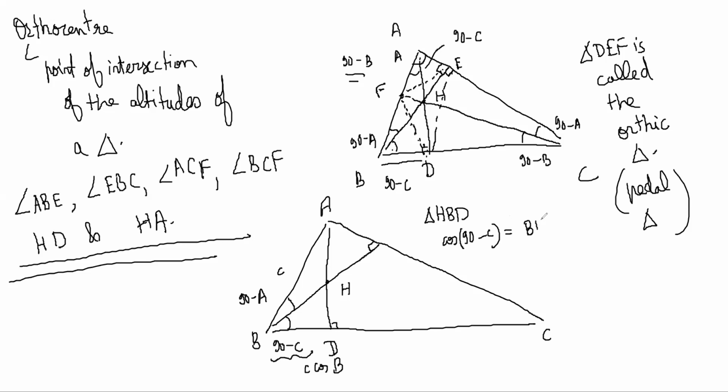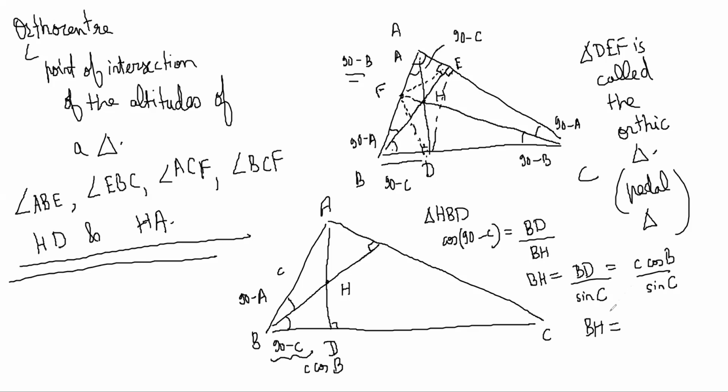So BD by BH. So BH is equal to BD by cos 90 minus C, which is sin C. So BH is equal to c cos B by sin C, right?